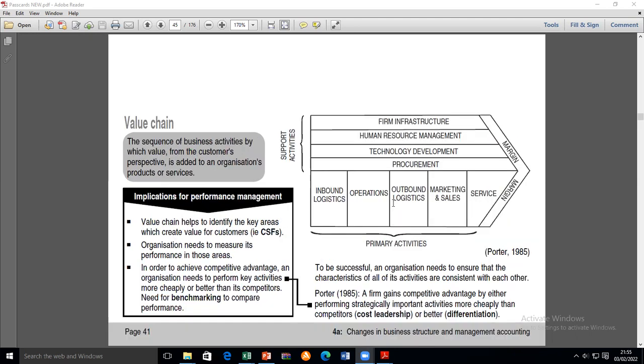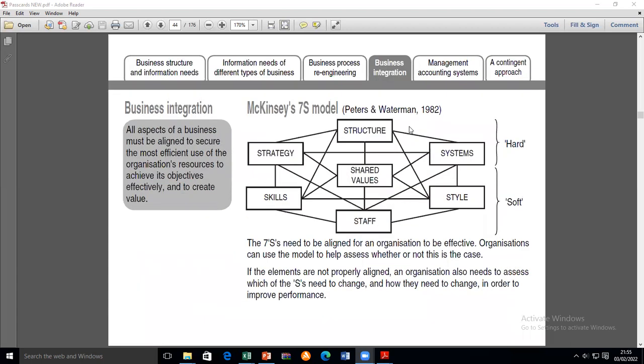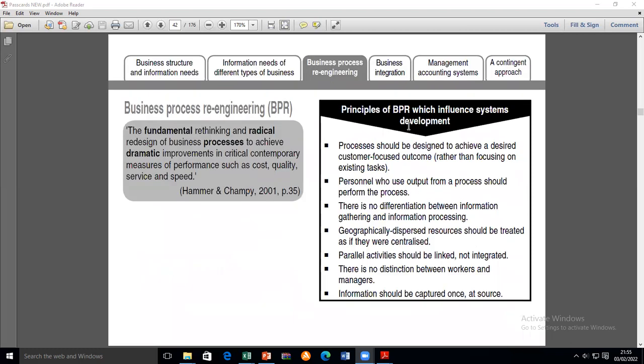Let us look at another model, a model which can help us to rearrange our activities so that we are more efficient. This model is what we have here, business process reengineering. So what we have seen on our examiner is that when it comes to business structures, he may decide to give us a business integration model, or he may ask us about business process reengineering, BPR.